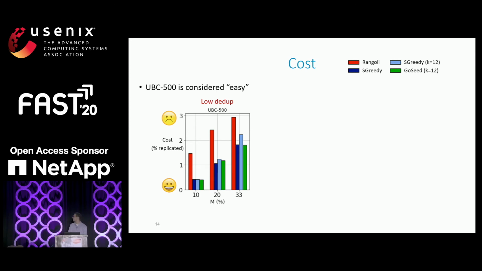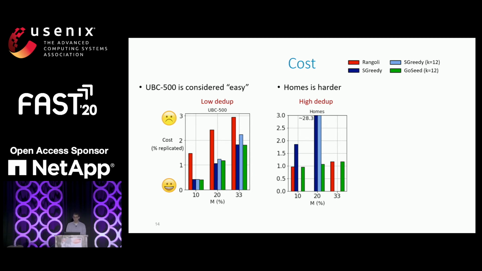Still, we can see some differences between the algorithms, where GoSeed, our approach, has the best cost among all, or very close to the best. The second workload had a higher deduplication.